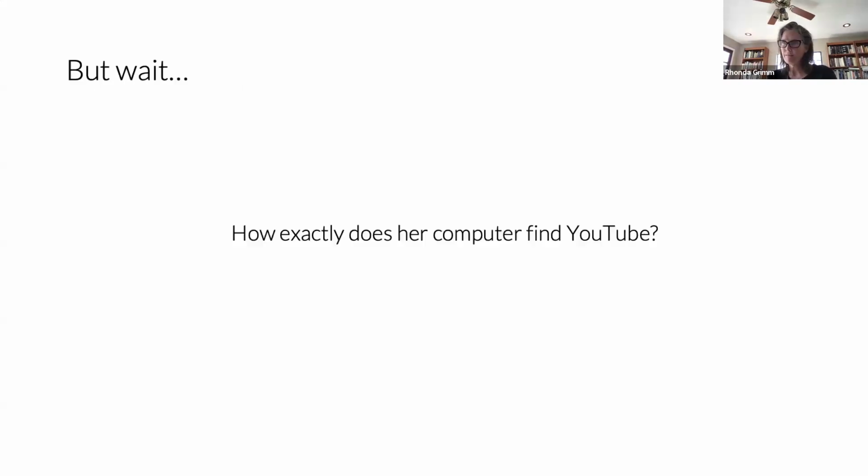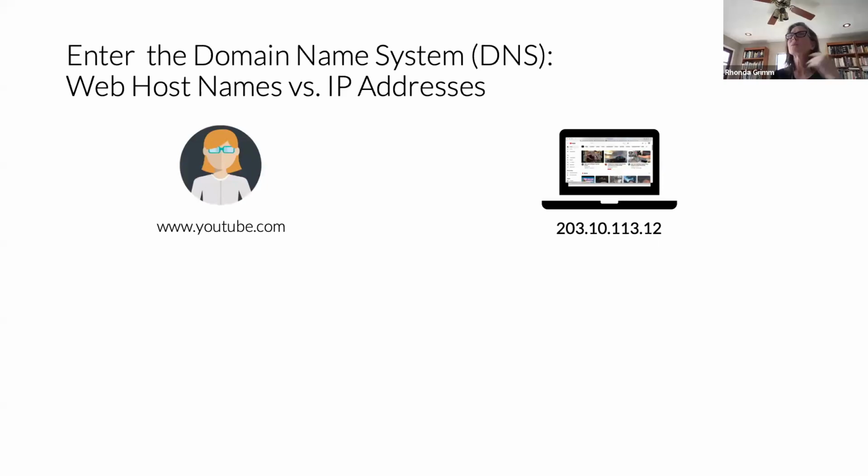But wait, how does her computer find YouTube? She's typing in youtube.com. What does that mean? Well, this is where we enter the domain name system, the DNS. It's the difference between web host names and IP addresses. Alice thinks in terms of youtube.com. YouTube thinks of an entirely different address, YouTube's IP address.